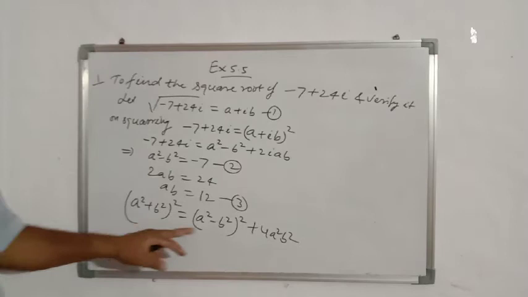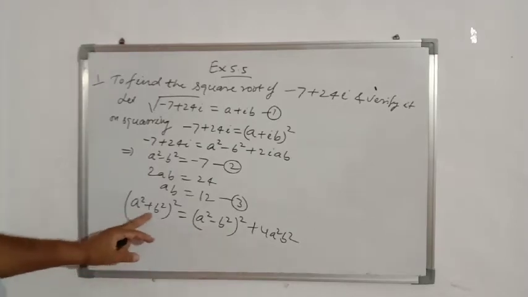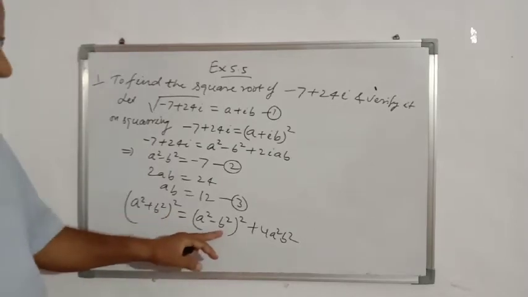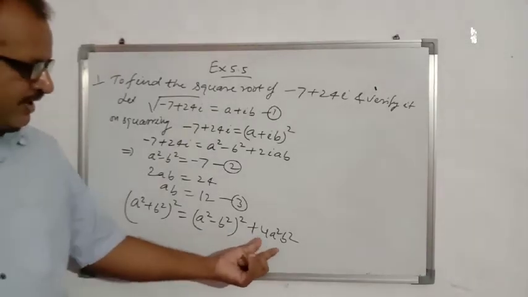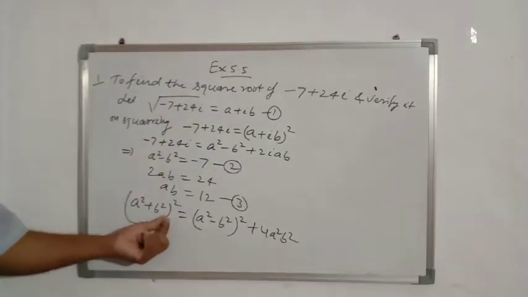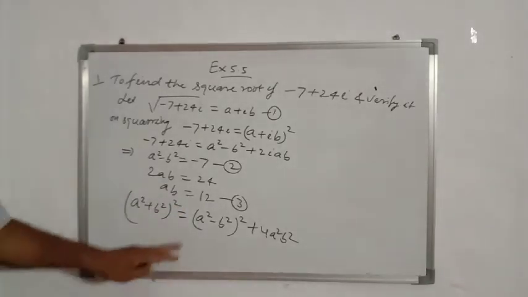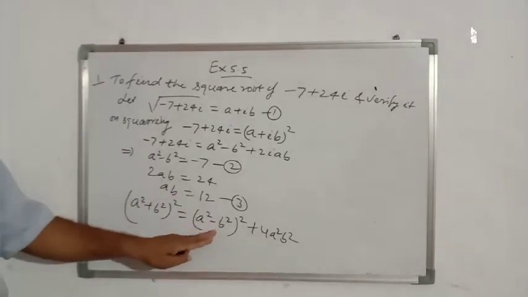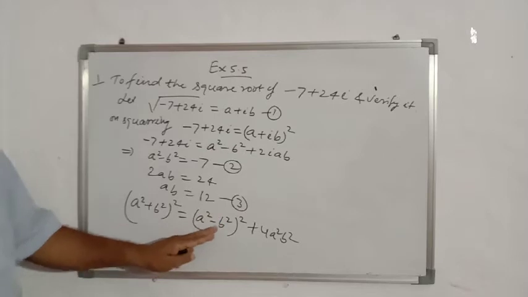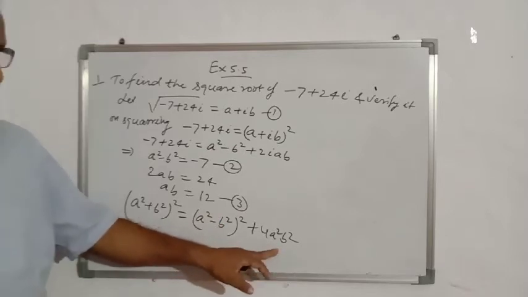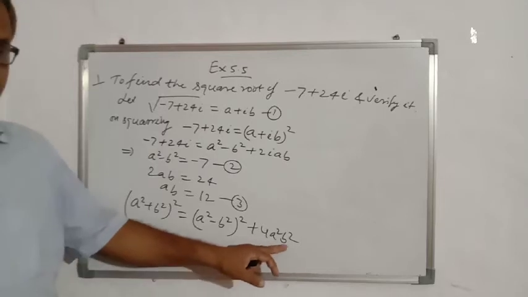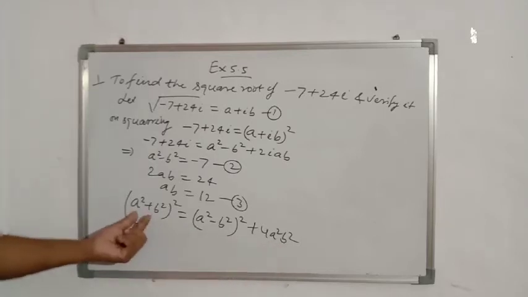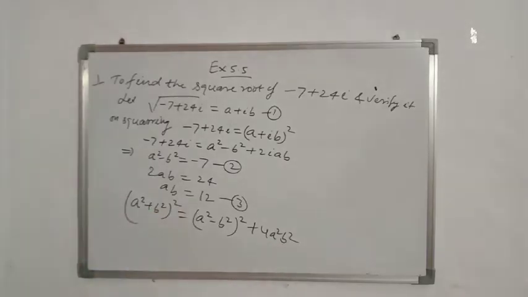You have to learn this relation between a square plus b square whole square and a square minus b square whole square. When we expand it and simplify, we get a to the power 4 plus b to the power 4 minus 2a square b square, and here plus 4a square b square. So after simplification, we will get a square plus b square whole square.